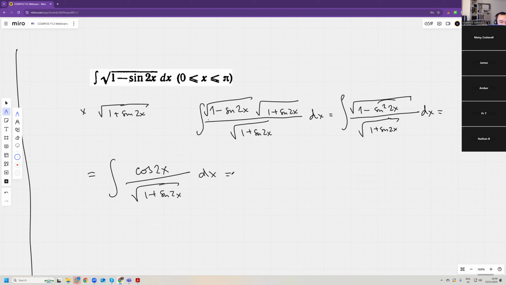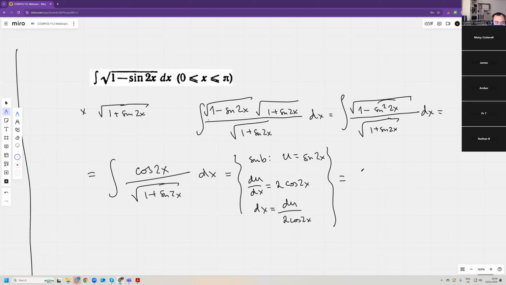And now I do my magic substitution. u equals sine 2x, and that means du/dx is 2 cos 2x, and dx can be written as du over 2 cos 2x. And now I write that integral of cos 2x multiplied by dx, which is du over 2 cos 2x, over the square root of 1 plus u.